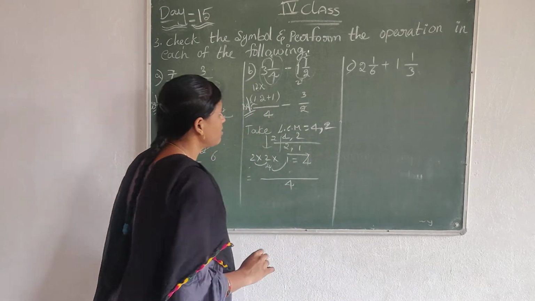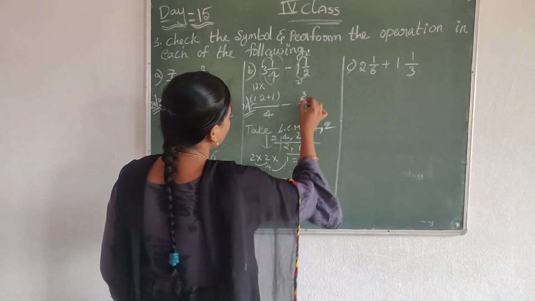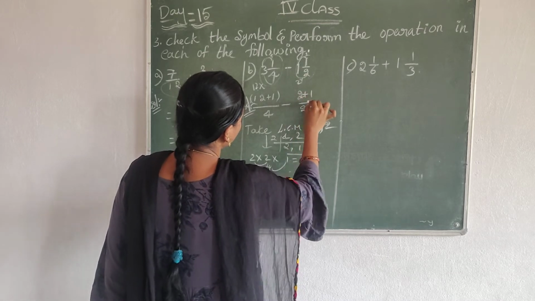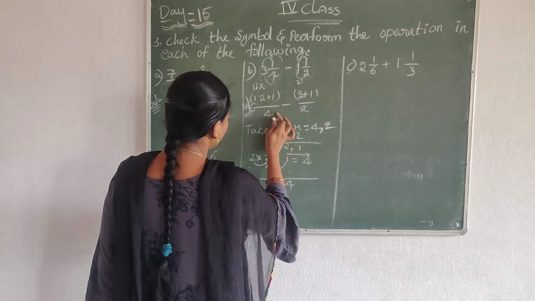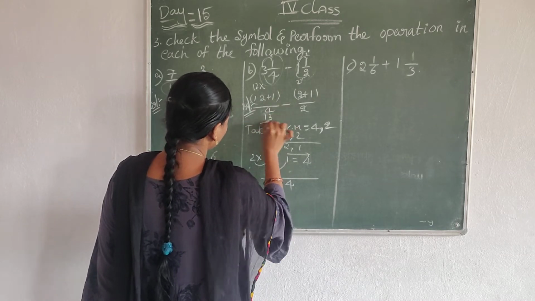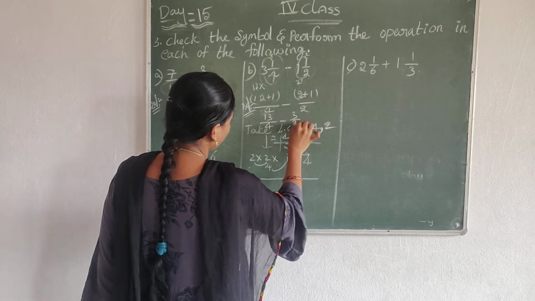Write the 4 here. How many fractions we have? Okay. Let's simplify this. 12 plus 1 is 13 by 4. Minus, 2 plus 1 is 3 by 2.